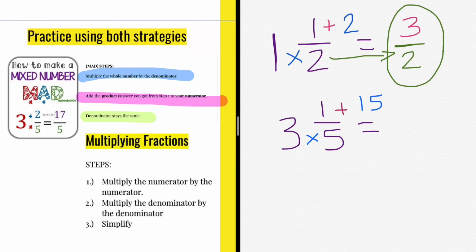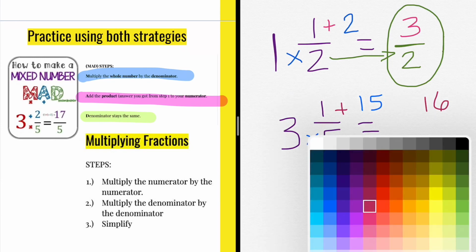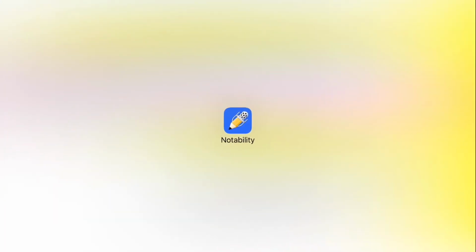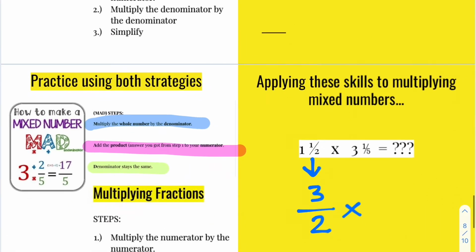I have to add my numerator to the product I just got in step 1. That's right, 16. And what is the final step? Did you say to bring over our denominator? You're right. So my new fraction is 16/5.